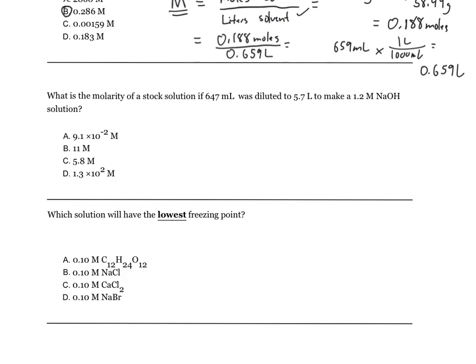The next question, what is the molarity of a stock solution if 647 milliliters was diluted to 5.7 liters to make a 1.2 molar sodium hydroxide solution? So it's a dilution, means M1V1 equals M2V2 is needed.